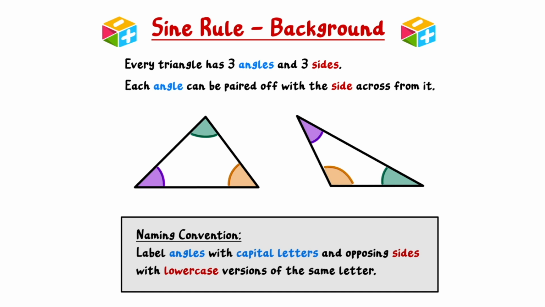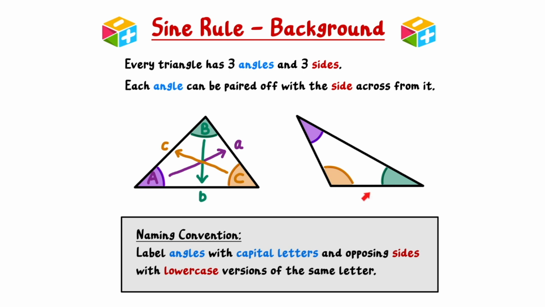In this first triangle, I'll label the angles with capital A, capital B, and capital C. The side across from capital A should be labelled with lowercase a. The side across from capital B should be labelled lowercase b, and the side across from capital C should be labelled lowercase c.